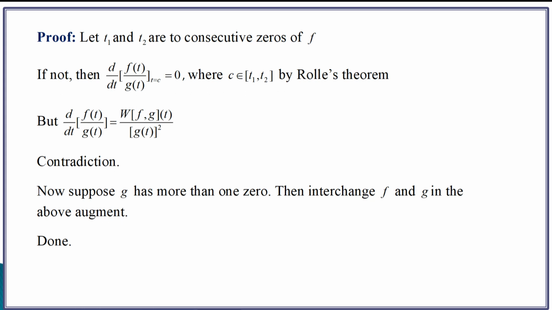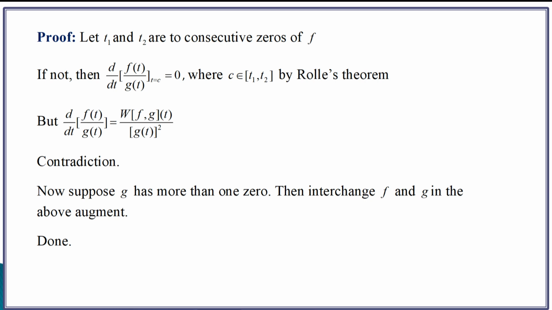If there is no zero of g between t1 and t2, then this ratio f(t) by g(t) is well defined, because g(t) is not equal to 0 as per our assumption in the interval t1, t2, and the ratio is continuous.